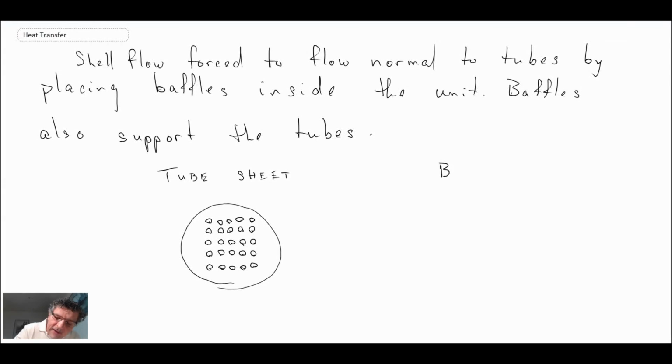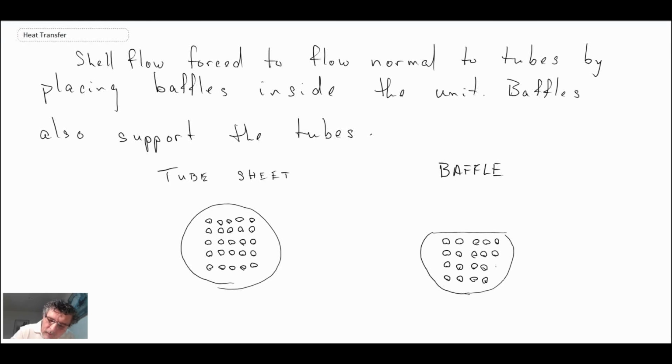Now if you look at a baffle plate, it will not span the entire cross section, so it will look more like this. And there'll be a cutout, and that's where the fluid comes around. But then you would have enough to support the tubes. And you'll notice that, let's see, 1, 2, 3, 4, 5, 1, 2, 3, 4. Hey, I did this well.